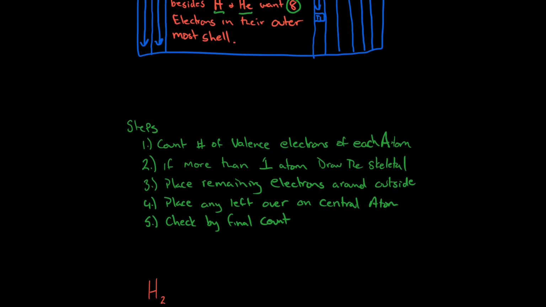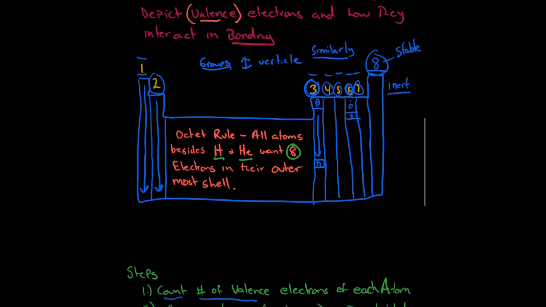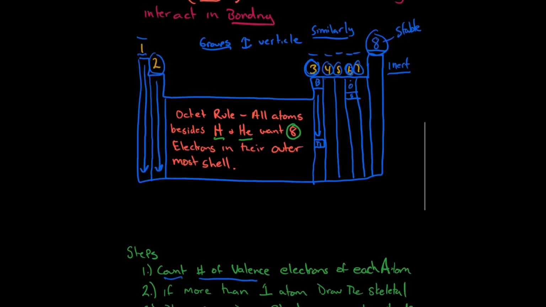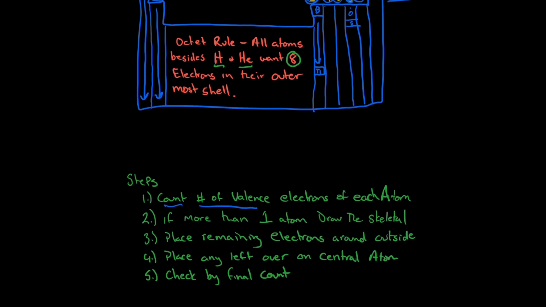So here are my steps. Number 1, to do Lewis dot structures, I count the number of valence electrons. I do that just by looking at the group number. If there's 1, if there's 2, then I count those both and add them together. So I count and add, count and add, and that goes for electrons in each of the atoms. Say I have H2, which I do down here.